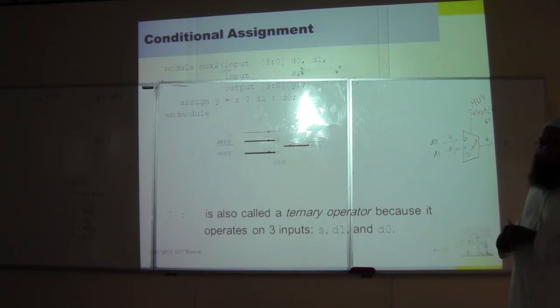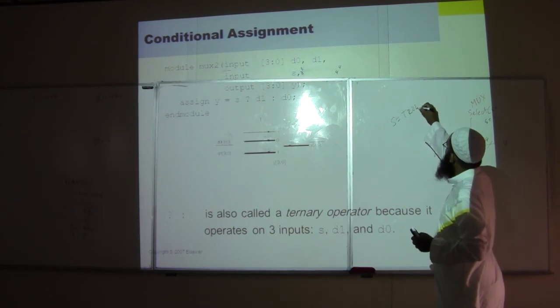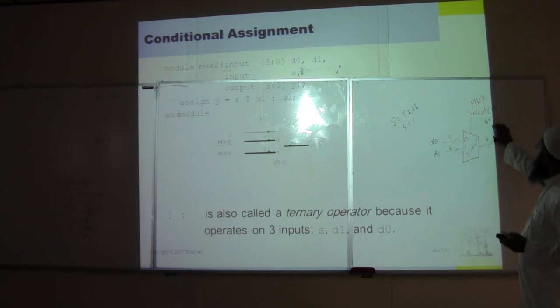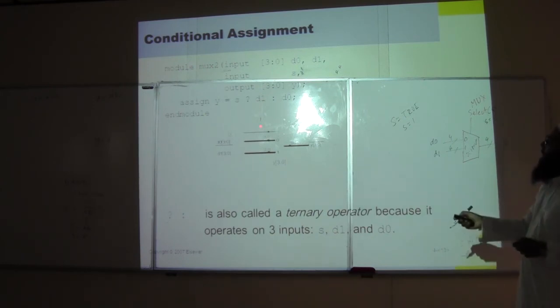So for our case, S true means S equal to true, means S equal to 1, right? So if you give S equal to 1, y should be the same as D1. That's why when S equal to 1, here we have D1.